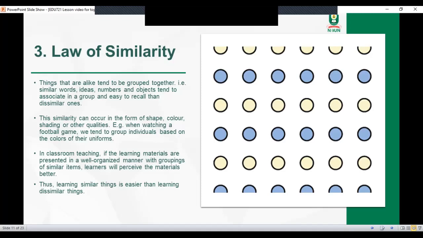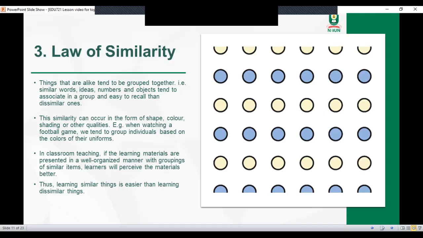For instance, when looking at the visual field in figure 3, that is the image on this screen, we likely perceive alternating rows of blue and yellow colors. You can see the blue colors, you can see the yellow colors longitudinally.